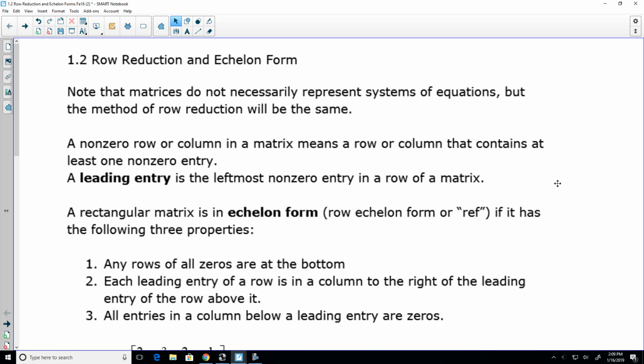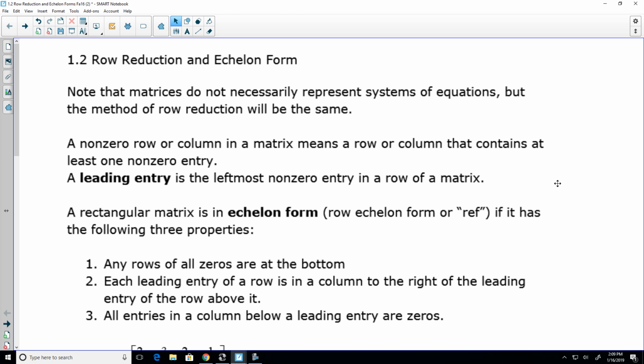Okay. So the next section is called row reduction and echelon form. And we introduced matrices here as a way to solve systems of equations. They don't always represent systems. So that's kind of a trap sometimes. You see a matrix, you automatically just want to row reduce it. That's not always what we do.